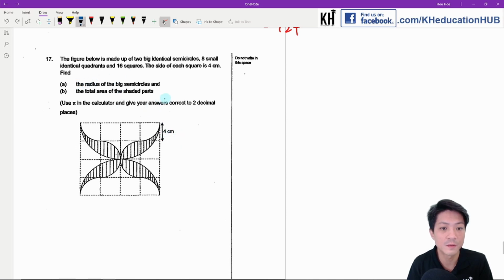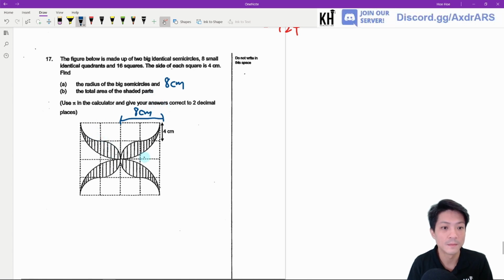Part A, find the radius of the big semicircle. The radius of the big semicircle is here to here, which is 8 cm. Part B, find the total area of the shaded parts, using the pi from your calculator.